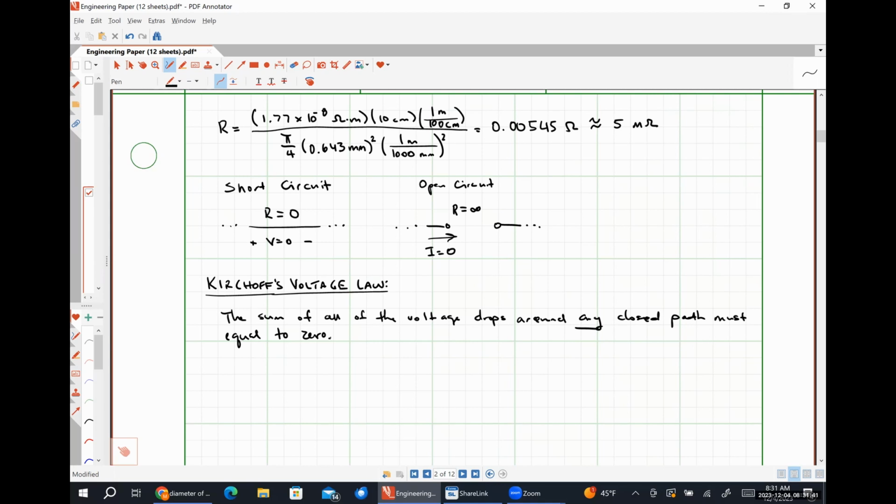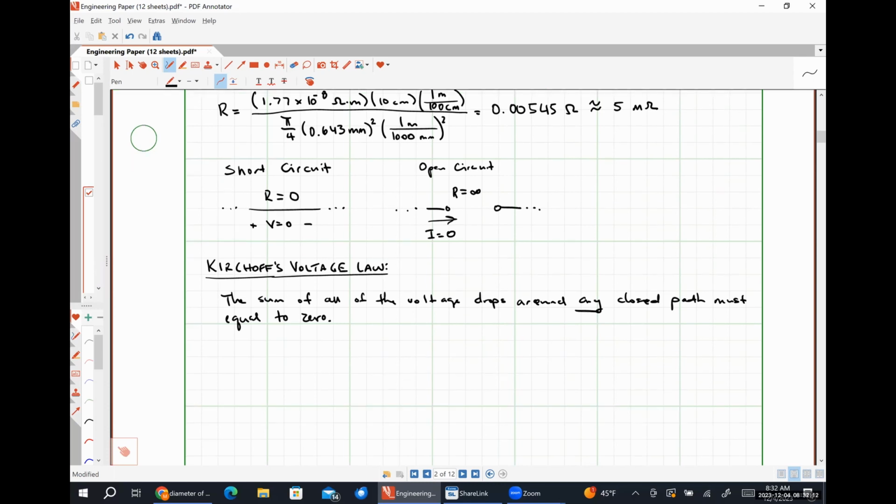So Kirchhoff's voltage law is all about energy transfer in a system, and saying that the sum of all of the voltage drops around any closed path is the same as saying the total amount of energy transferred in the system must be equal to 0. So Kirchhoff's voltage law is really nothing more than the law of conservation of energy in circuits form. That's literally all it is. It can never be violated. It will always, always, always work.